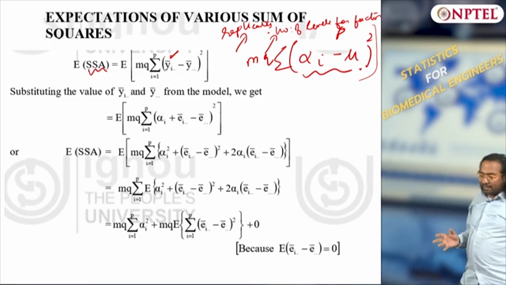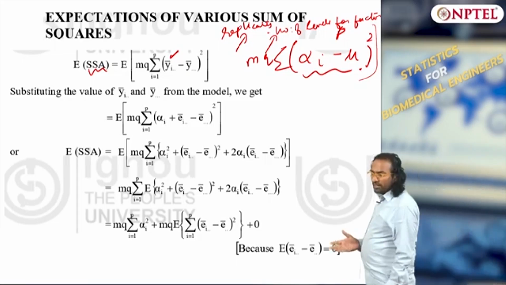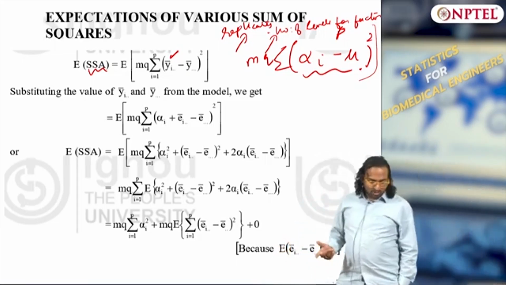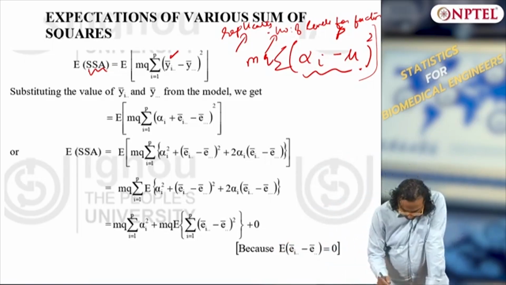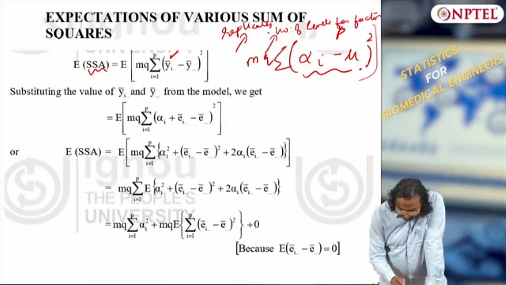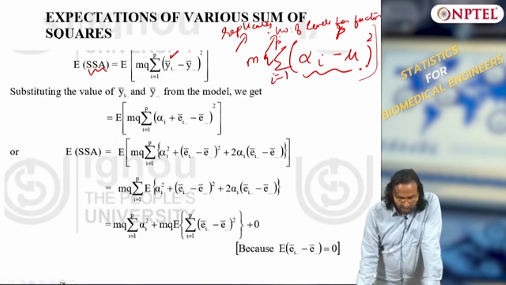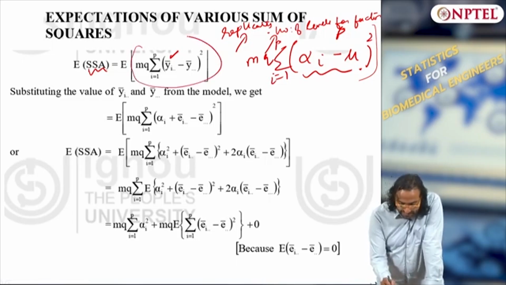Now I am taking an expectation of sum squared A, okay. This is simple, for what is the sum? For all the levels up to P levels, okay. So you understand this equation, how did I get this?